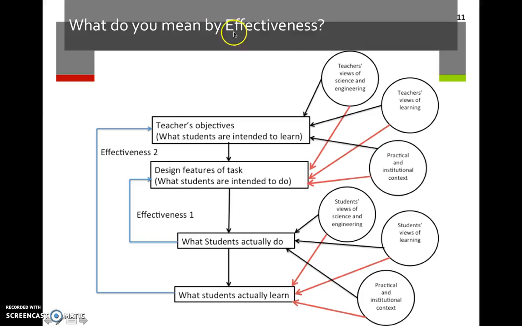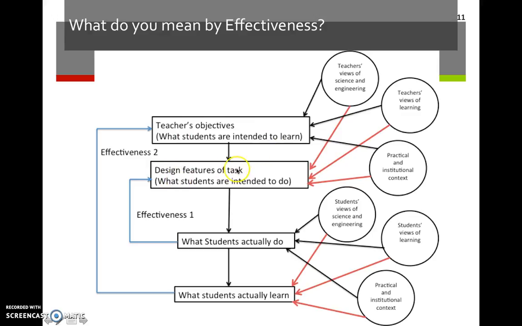The fourth metric is effectiveness. Here we are going to see this in greater detail because that is the main aim of this list of presentations. When we say effectiveness, we define it in two ways. Basically the teacher's views of science and engineering lead to the teacher's objectives, that is what the students are intended to learn.